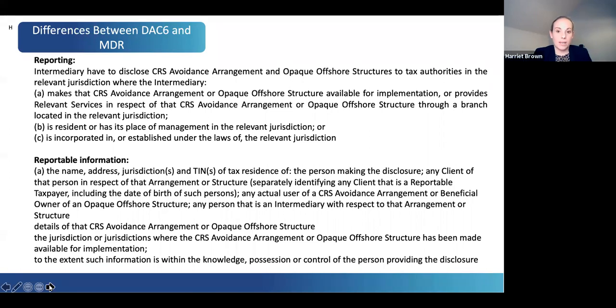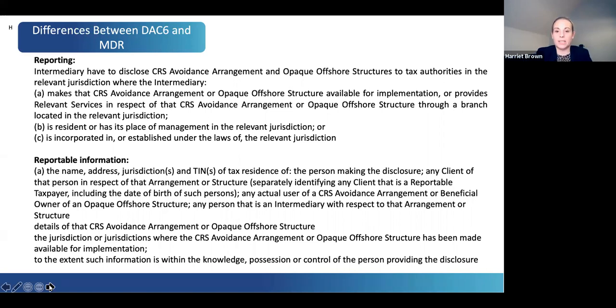So this goes back to the reporting being linked to the place of the service provider, the intermediary. It could be a promoter or a service provider. So those are the requirements set out under reporting.